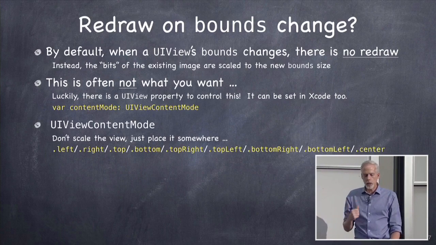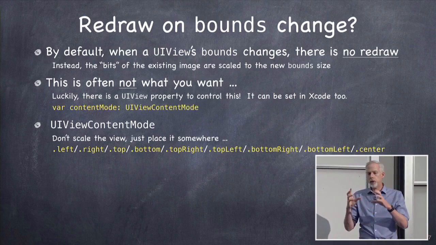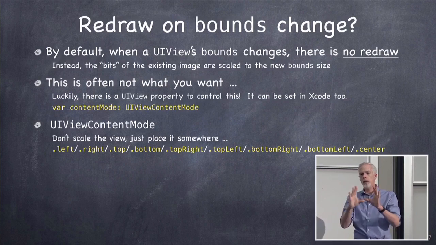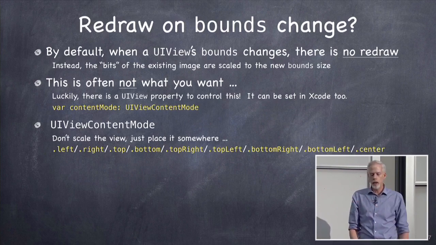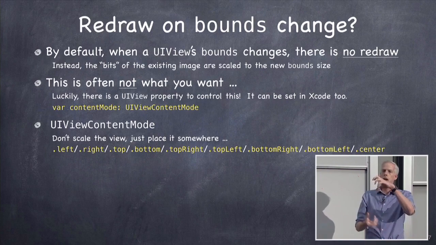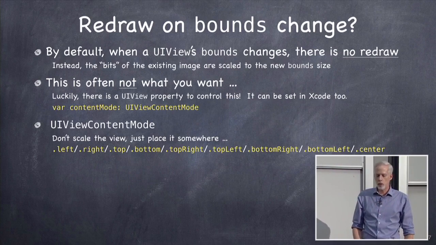The contentMode can be things like left, right, top, bottom, top right, top left. That's basically saying, take my bits and shove them up into the left corner, one of these spots, center or right. Don't do anything with them, just move them in the new bounds. Well, that's likely to cut off what you've drawn, depending on how much the bounds have changed. Like when you rotate, the bounds change quite a bit.